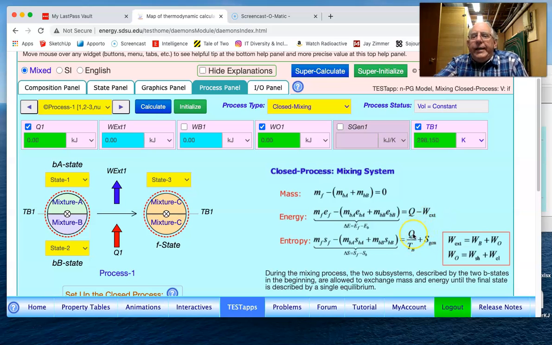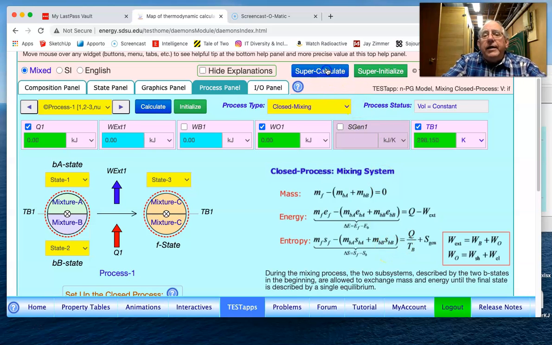We have no heat transfer, and it really doesn't matter what our boundary temperature was, because again, there is no heat transfer. And so once I do a super calculate, it's then going to calculate the SGen based on the entropy associated with all of the states.